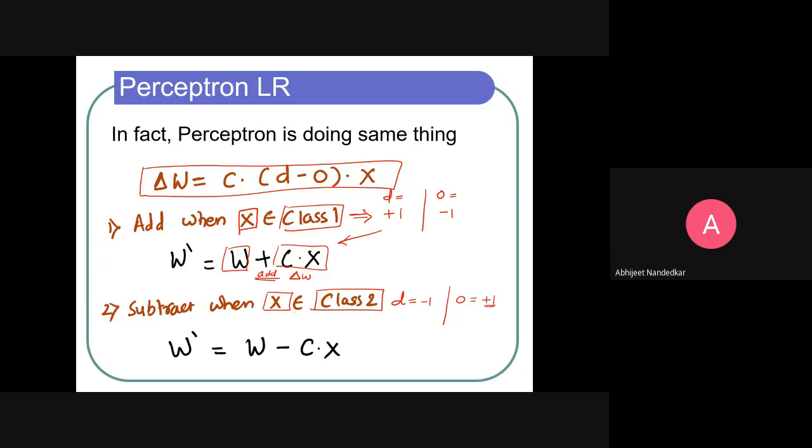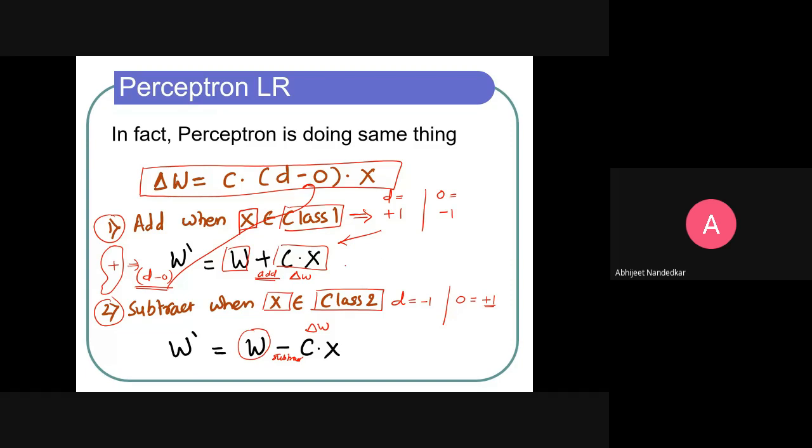In that situation, you will subtract this change in weight from the existing weight. So these two things joined together will result into this D minus O term of this formula.